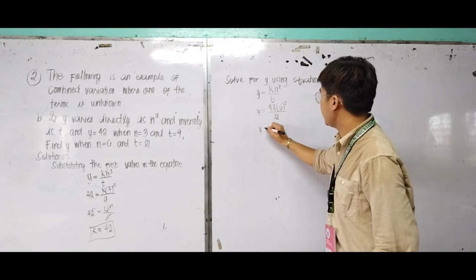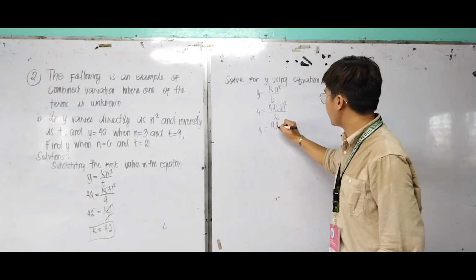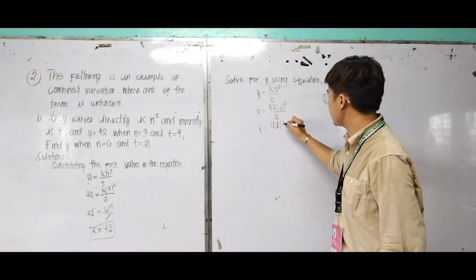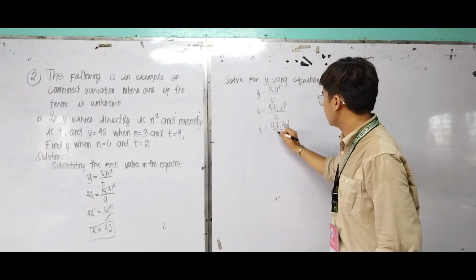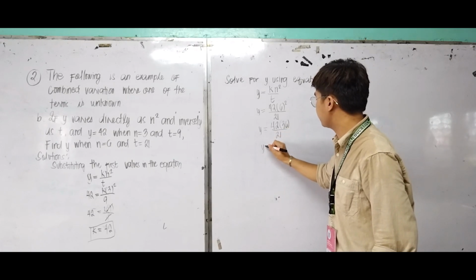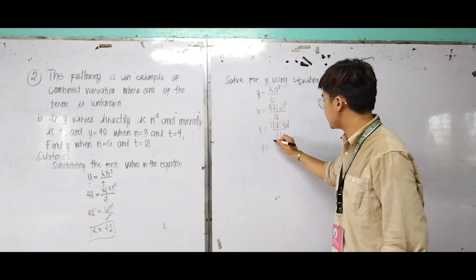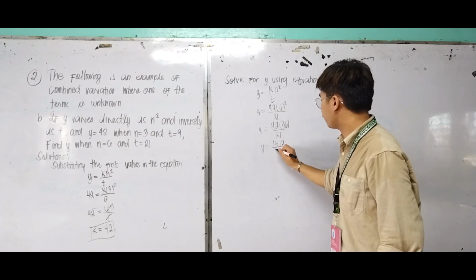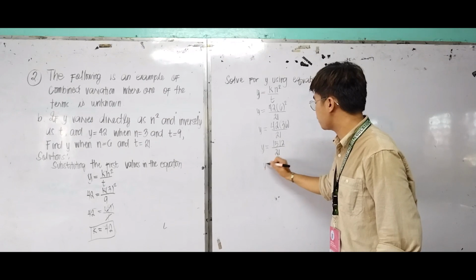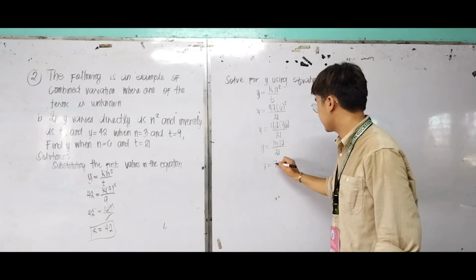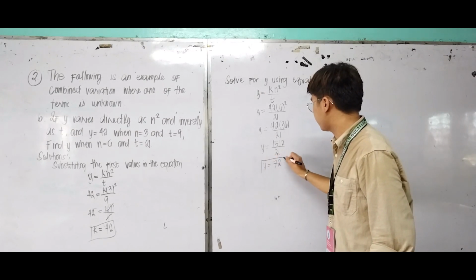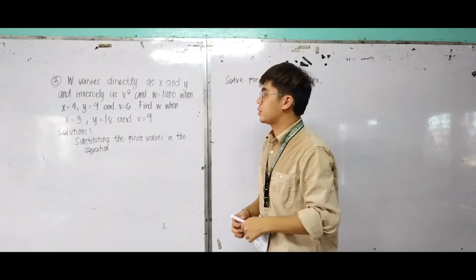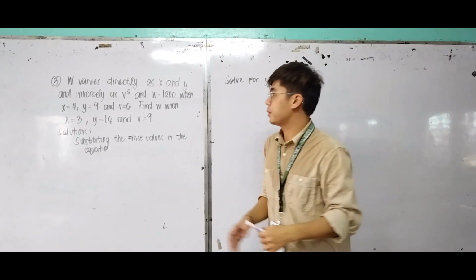So y equals 42, 6 squared, that is 36, over 21. So 42 times 36 is 1512, over 21, divide by 21, so the value of y is 72.